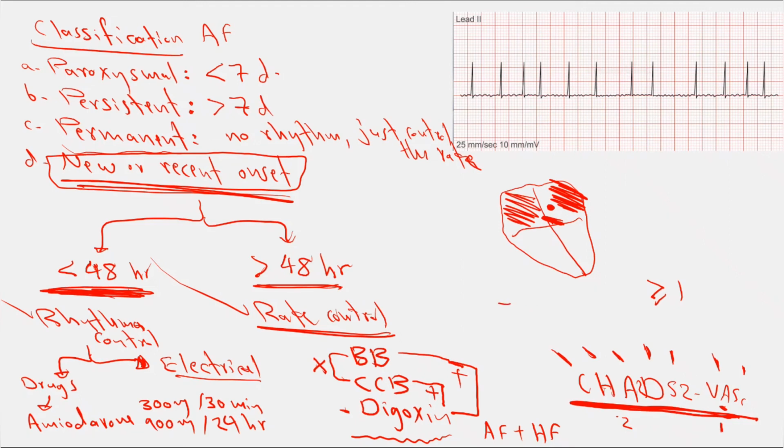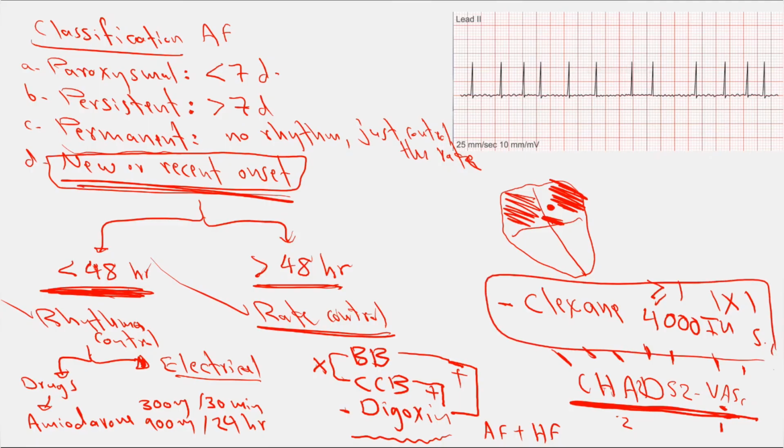The anticoagulant that we give in our emergency department is usually Clexane or enoxaparin. For prophylaxis, usually we give 4,000 international units subcutaneously. This is for most of the cases in the emergency department.